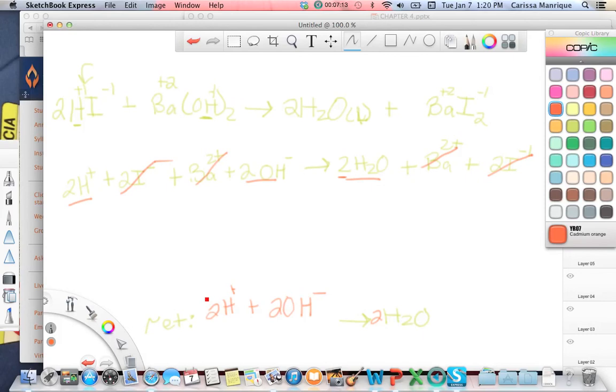Okay, but if I minimize all this, 2 cancels out 2, cancels out 2. So basically H+ plus OH- makes water. So that's how you always know it's an acid-base reaction. The net ionic will always be H+ plus OH- is water. You can recognize these because you're going to have an acid which starts with a hydrogen and a base which will have hydroxide in it. Okay, so that is your acid-base reaction. They always will react together to create neutral water.